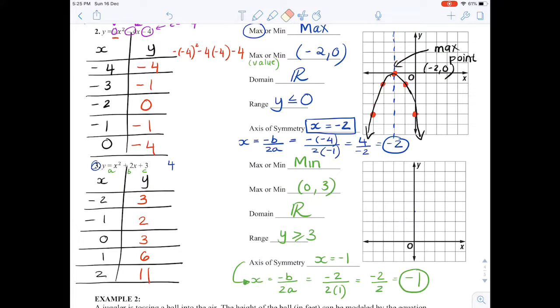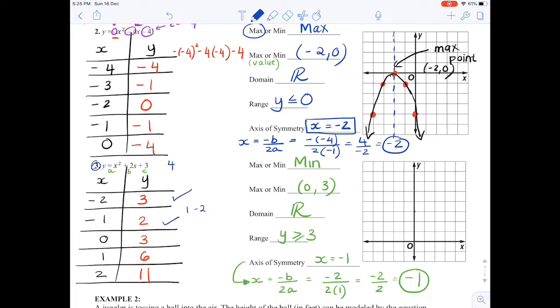Negative 2 gives me positive 4. So positive 4 minus 4, so that one's correct. And then if I put negative 1 in there, that gives me positive 1 minus 2, which gives me negative 1 plus 3, which gives me 2.